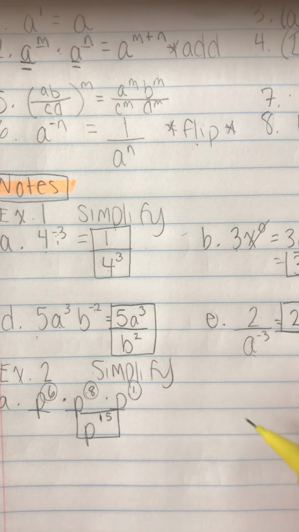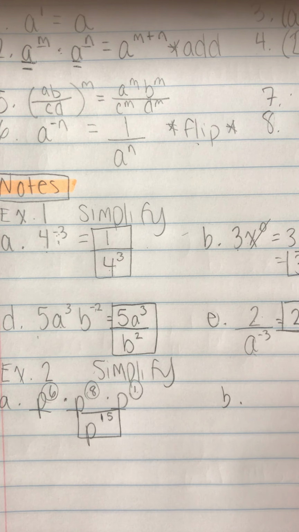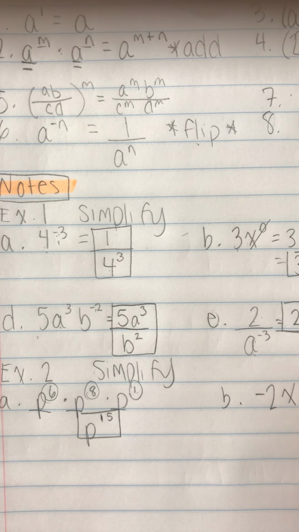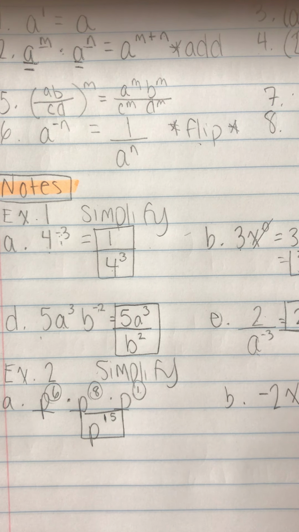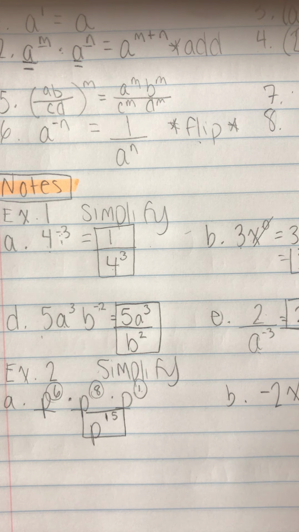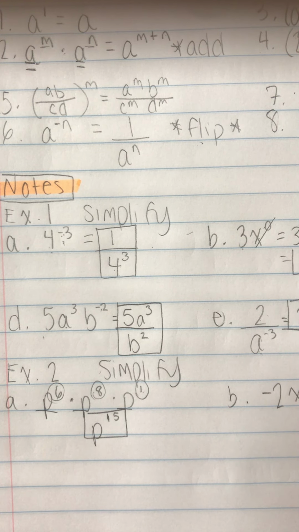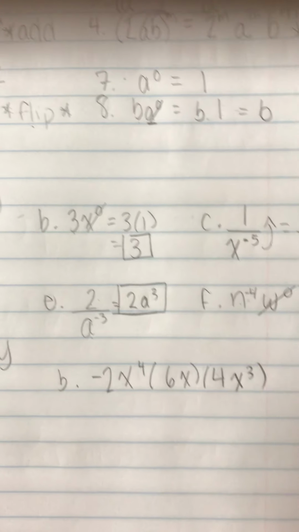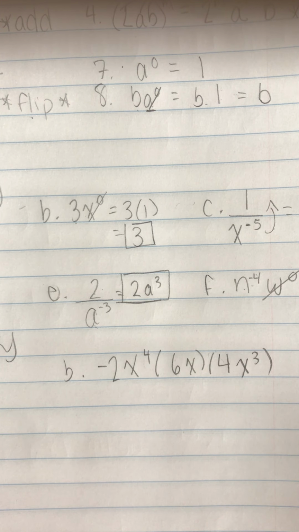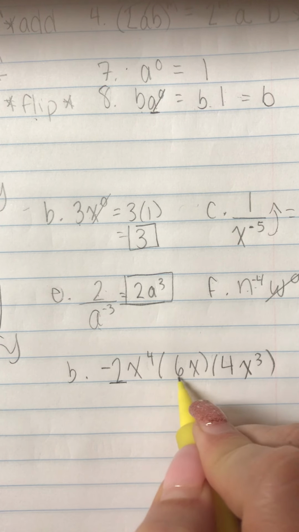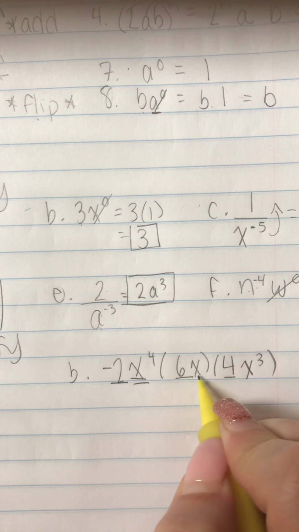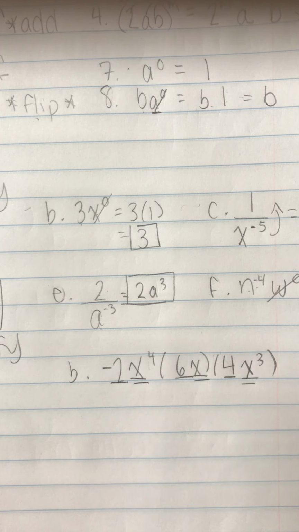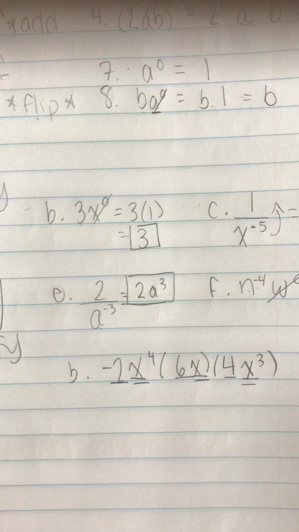Let's move on to B. Now, I've got some numbers that are like terms. And then I've got some letters that are all the same. Notice I got a single and a double underline.